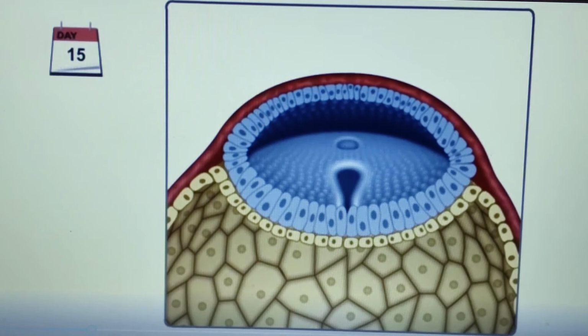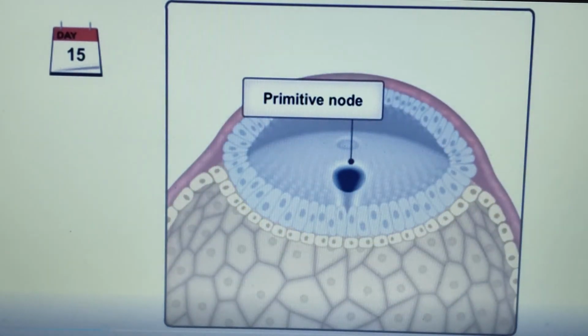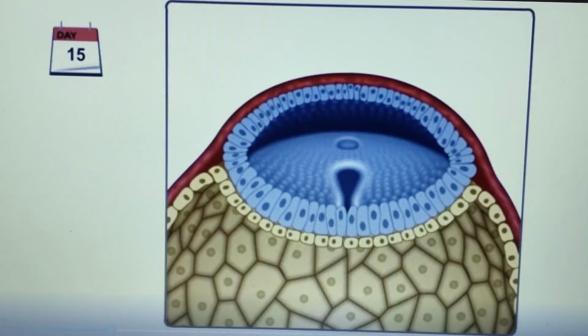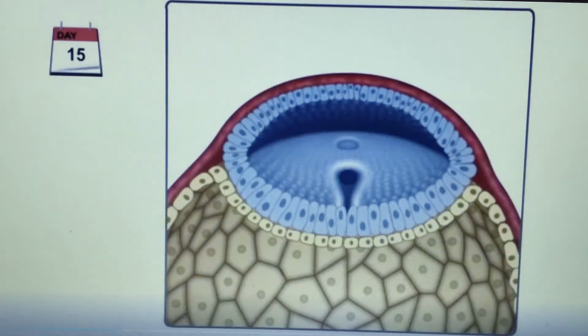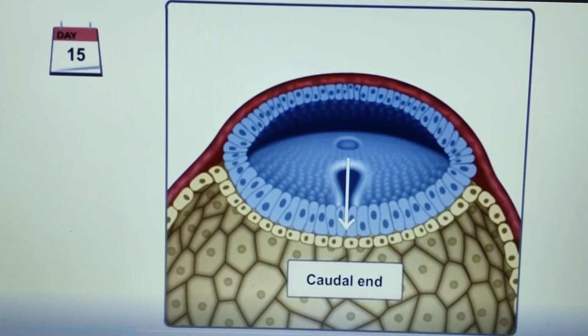The anterior end of the primitive streak enlarges to form the primitive node, made up of cells of the epiblast. It contains a depression called the primitive pit, and this depression extends towards the caudal end, forming the primitive groove.